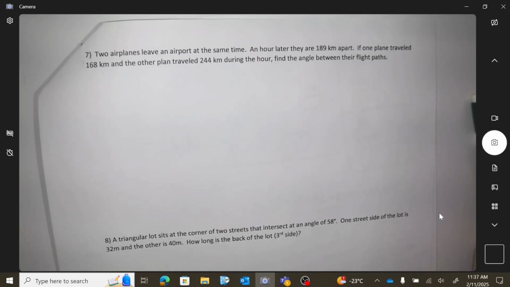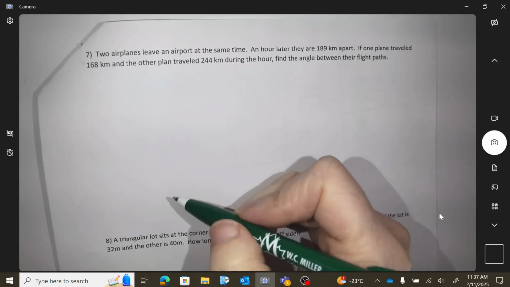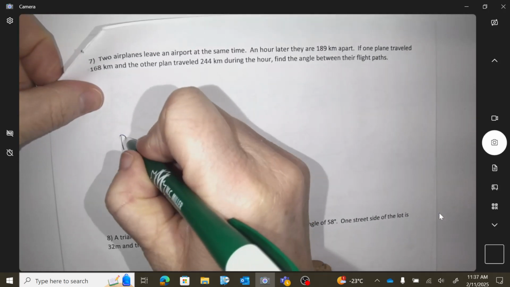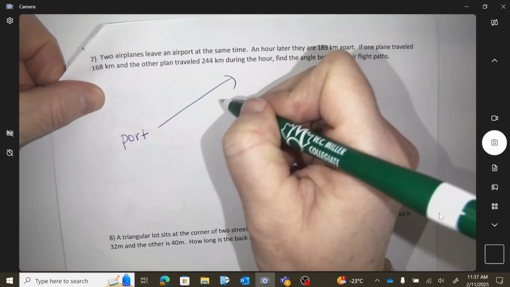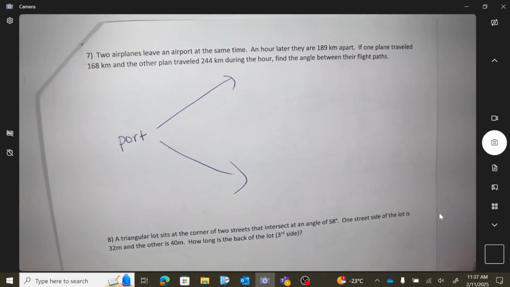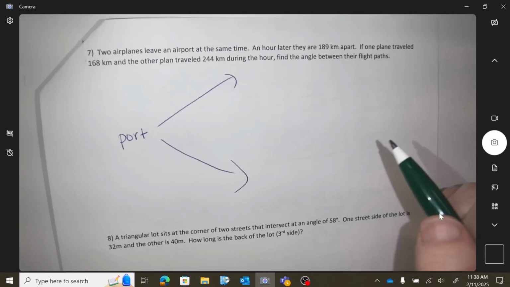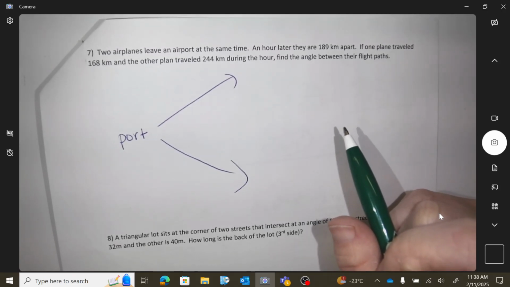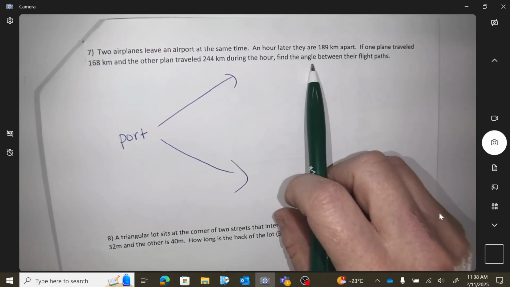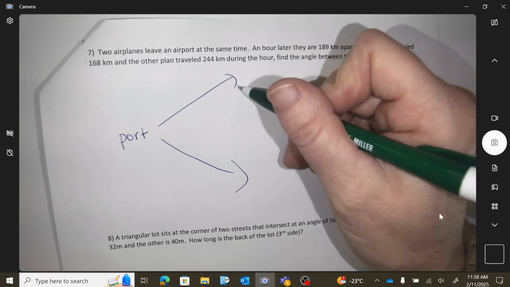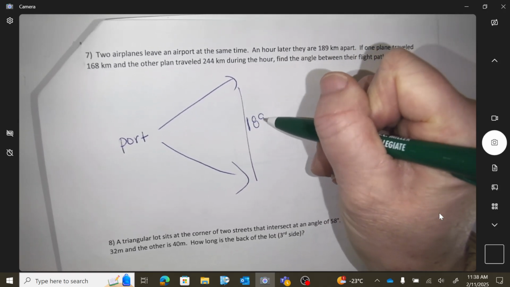Two airplanes leave an airport at the same time. So they leave the airport, one goes one way, one goes another way. 1 hour later, they are 189 kilometers apart.